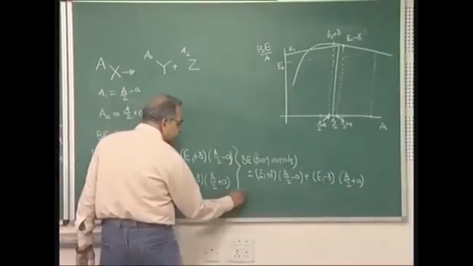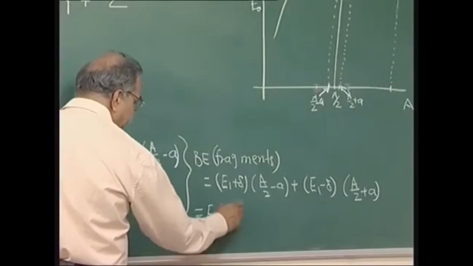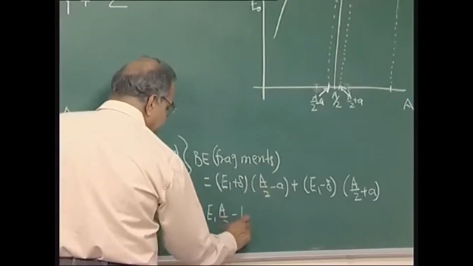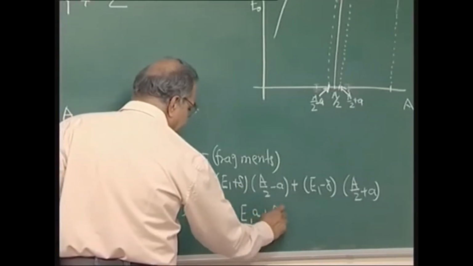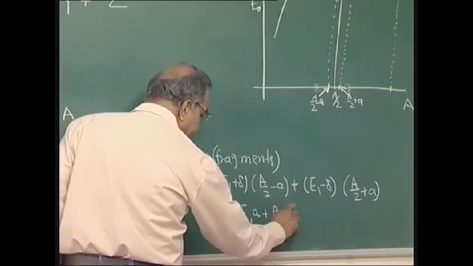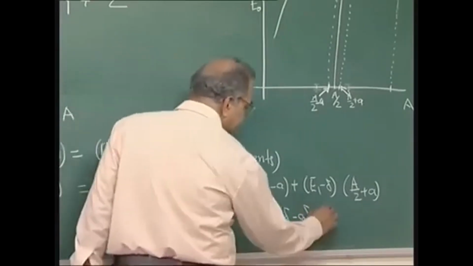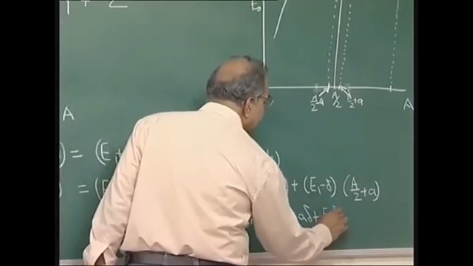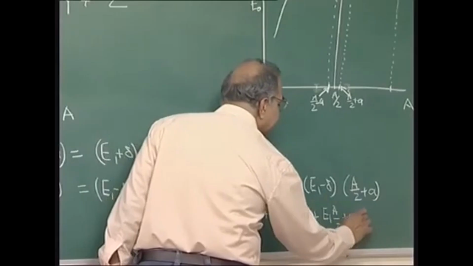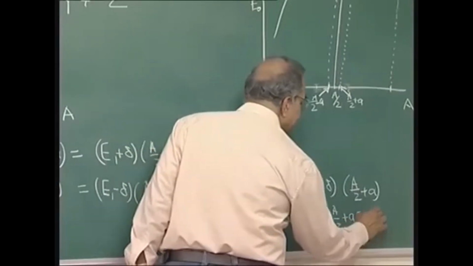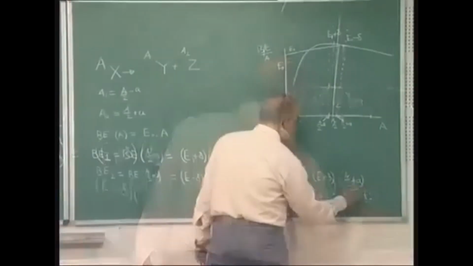This you can expand. It is E1 times A by 2 and minus E1 times a, plus A by 2 delta and minus a delta, and similarly the other bracket, E1 times A by 2 and plus a E1, then minus A by 2 delta and then minus a delta.